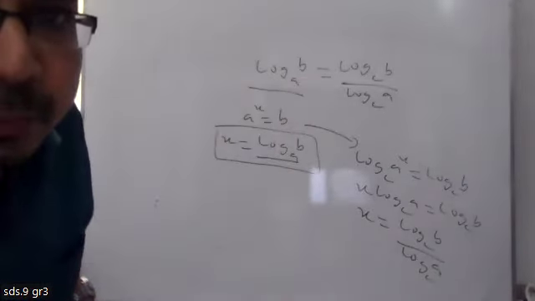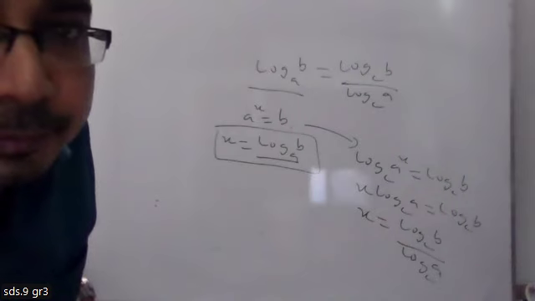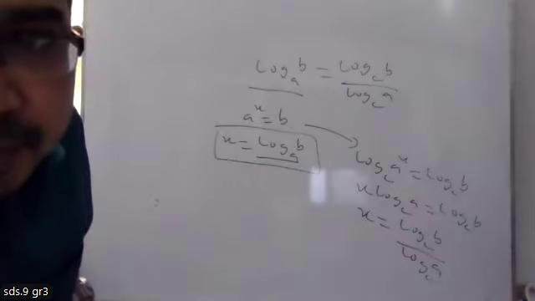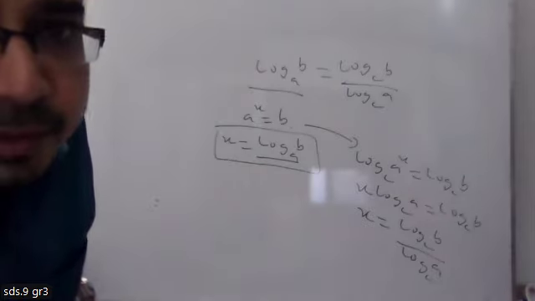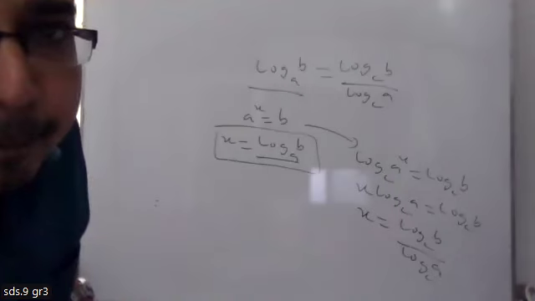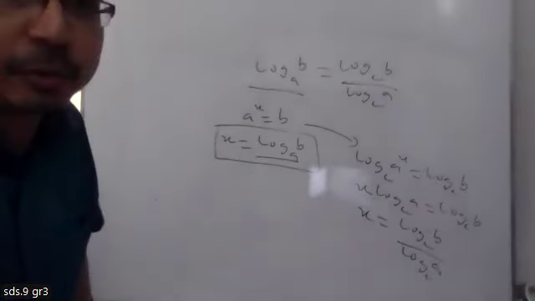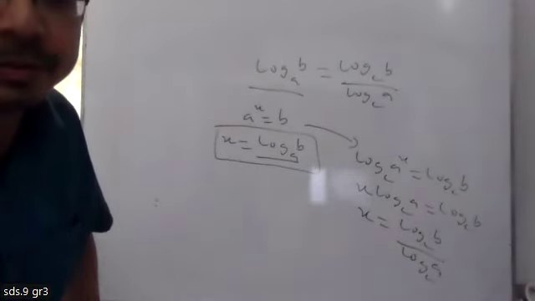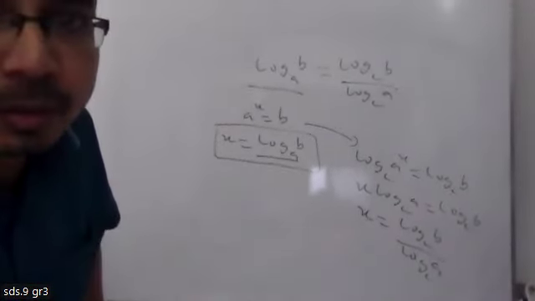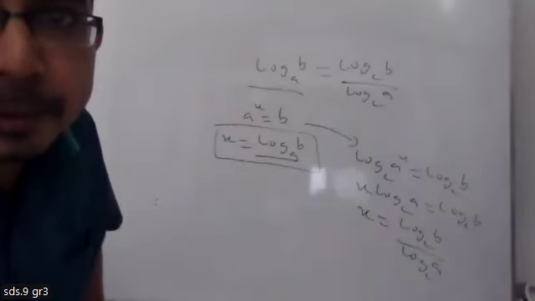Do you get the point, Adiba? Yes, Sahir? Is it clear? Okay. So this is how we derive the base change formula. Does anybody have any confusion regarding this? Marzia, is it clear?